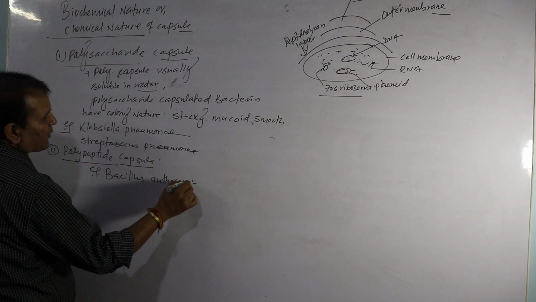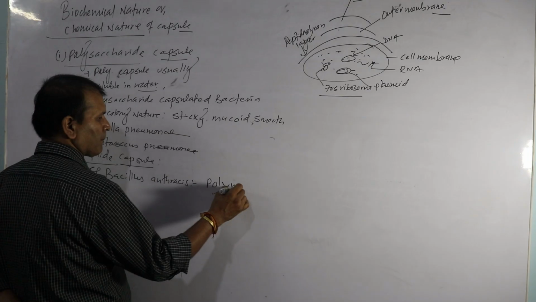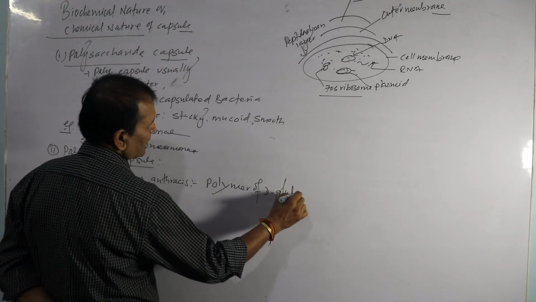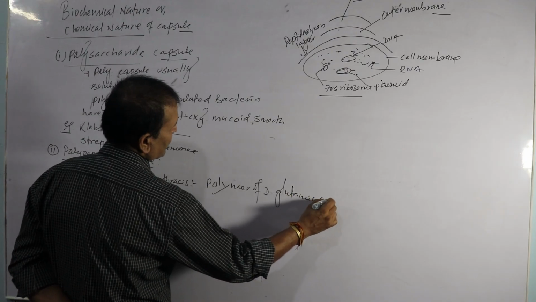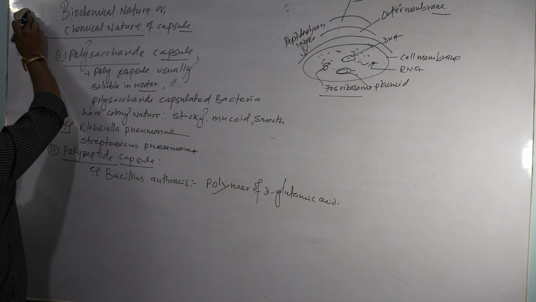Its capsule is a polypeptide and it is a polymer of D-glutamic acid. So the capsule has a chemical nature either polysaccharide in nature or polypeptide in nature.